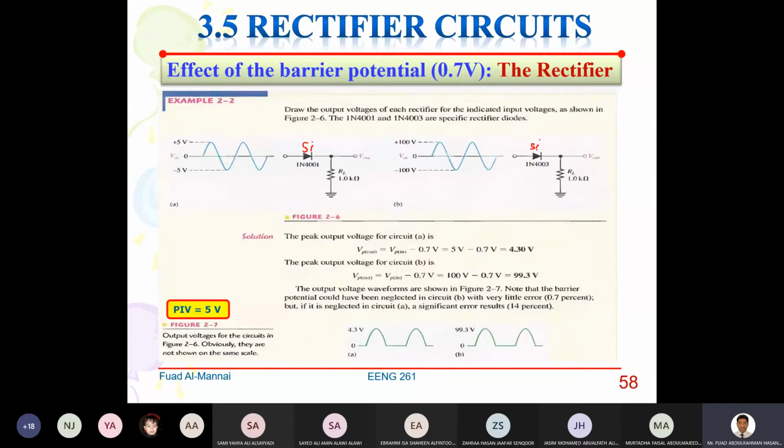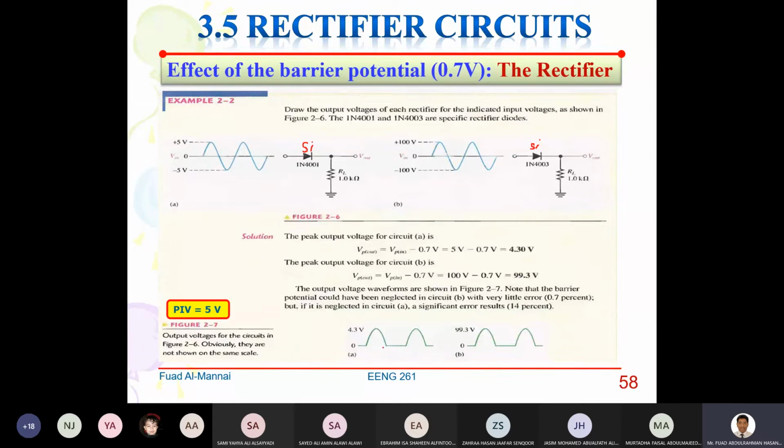This is a high voltage diode, and you can see this is 200 peak to peak. Therefore, the output will be 100 minus 0.7, which will give you 99.3 volt, and it will be unipolar like that. It means you are missing half of it.